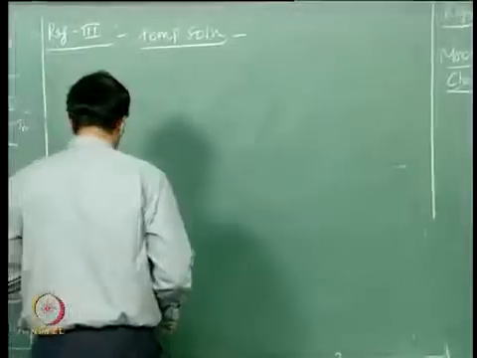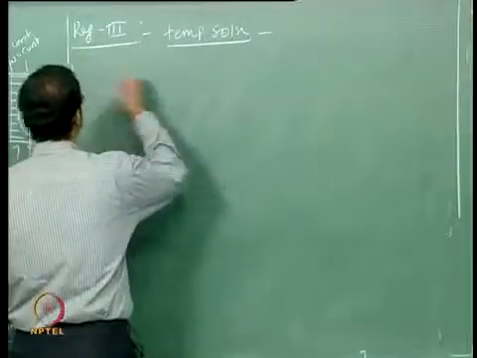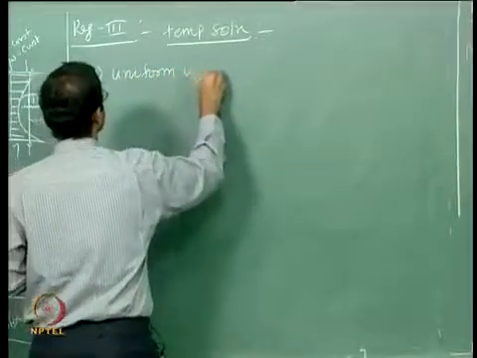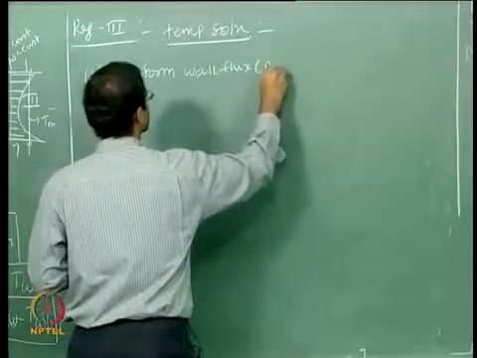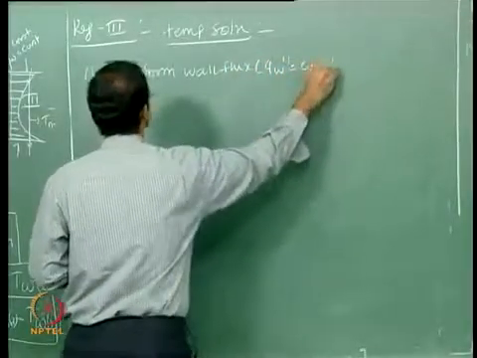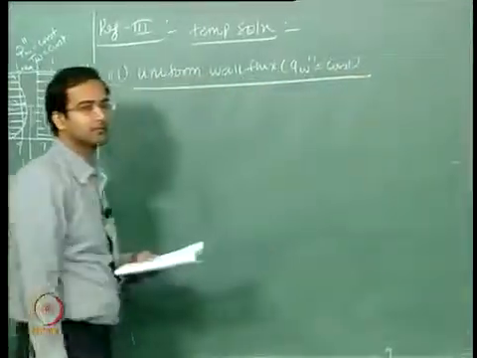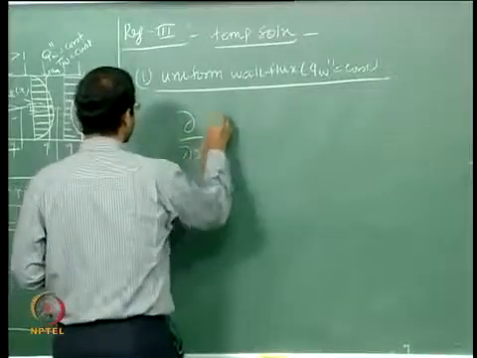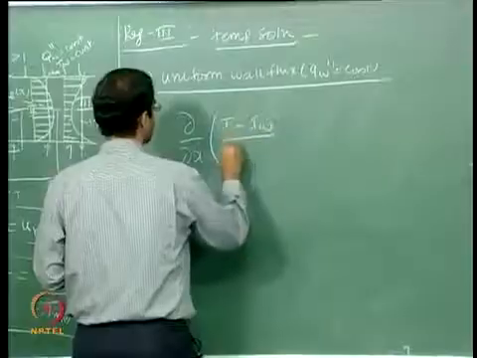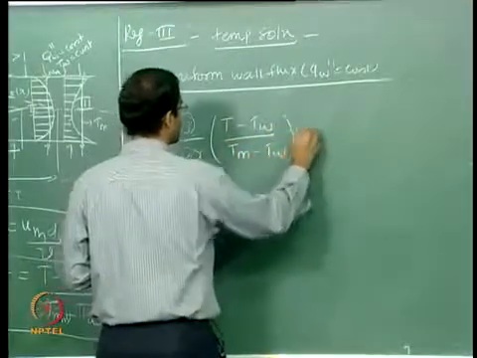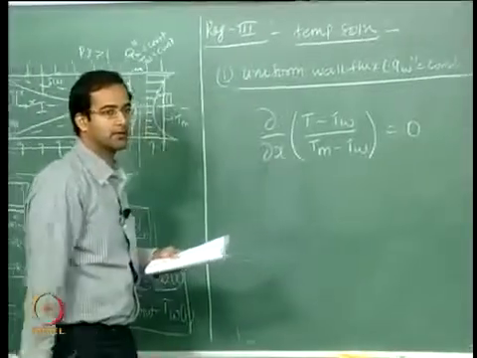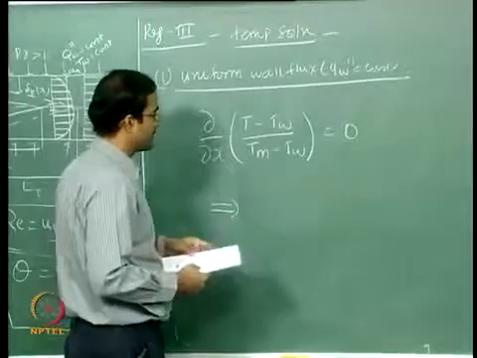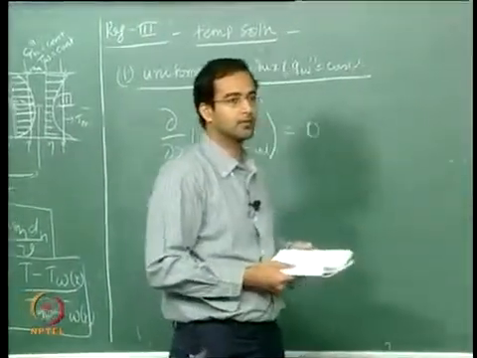Therefore first we look at a boundary condition which will be the uniform wall flux, that is q wall double prime is a constant. Now we have already defined d by dx of theta, where theta is (T minus T wall) by (T_m minus T wall). This is equal to 0 for the thermally fully developed case. So we will expand upon this term. If you differentiate it by parts, what do you get?